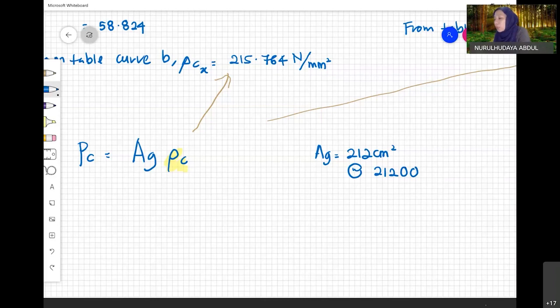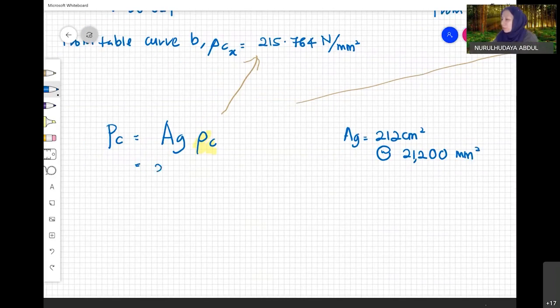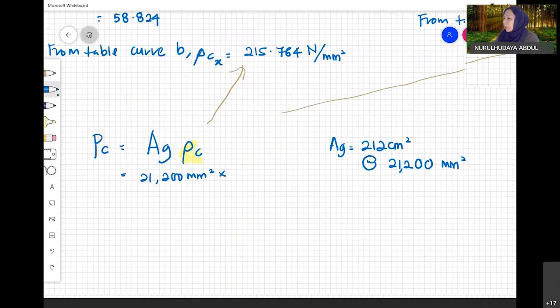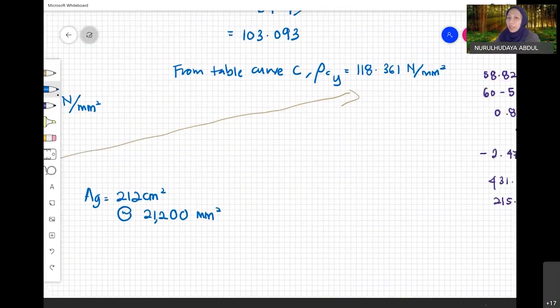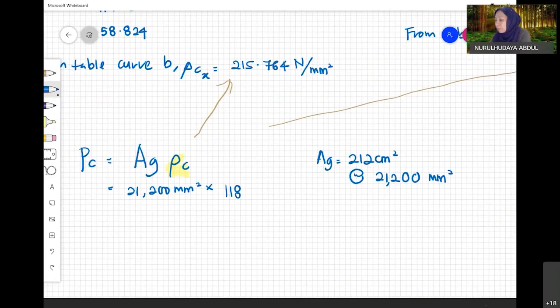So it becomes 21,200 mm square. We simply multiply it with PCY, 118.361, and you will get the answer in Newton.